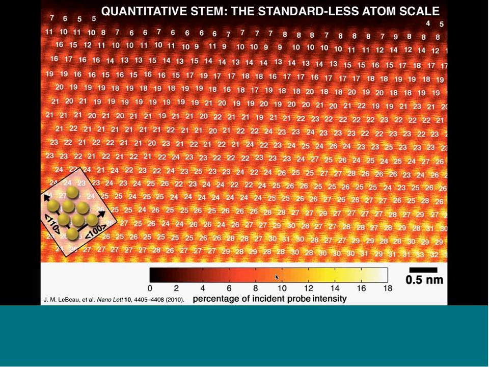So what we've done is effectively turn the STEM into an atom counting machine on a standardless atomic scale. All from quantum mechanics, we can tell how many atoms were in our image. There are 10,674 atoms in that area of gold.